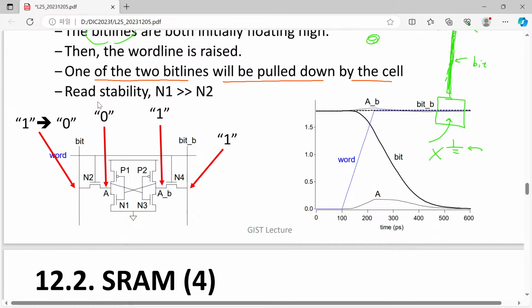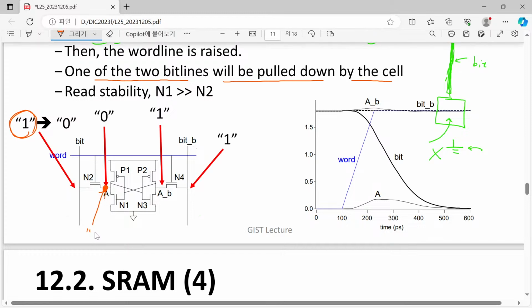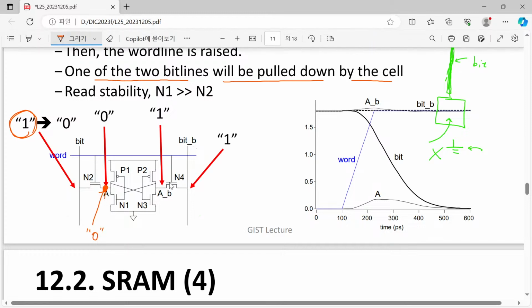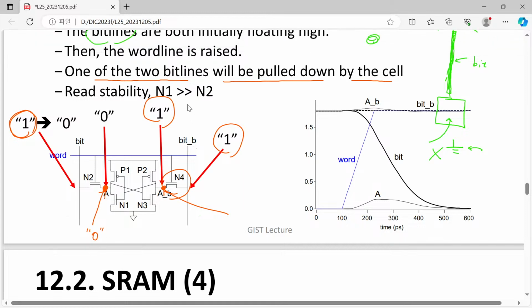Since this is 1, and this is a read operation, we still want to keep this value equal to 0. In this bit line bar case, there is no contradiction because this is 1 and this is 1, so there is no driving force from this N4 device. But in the case of the N2 device, there is something.